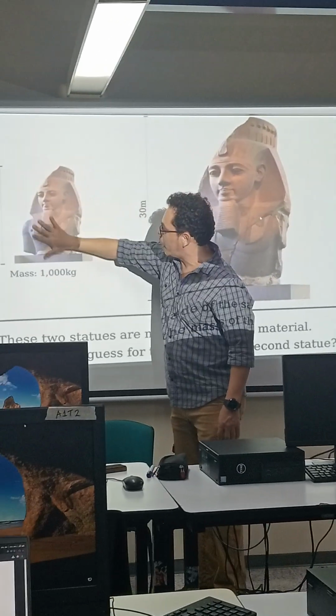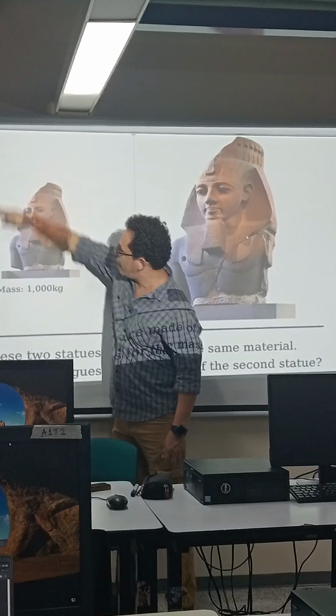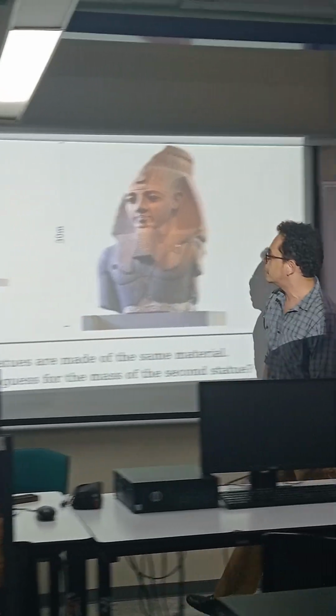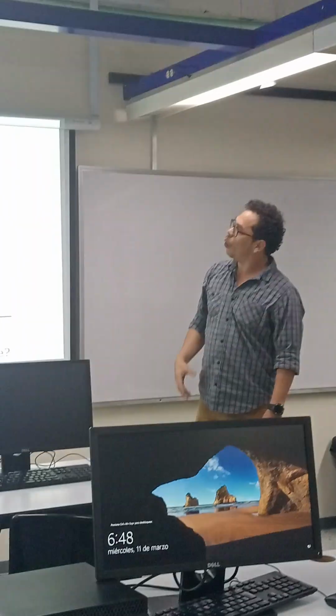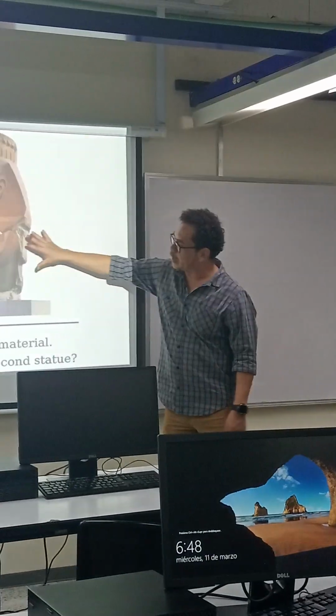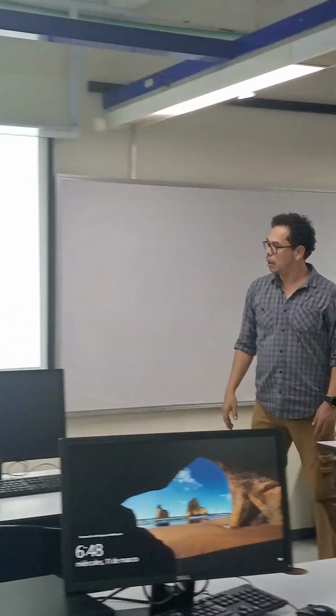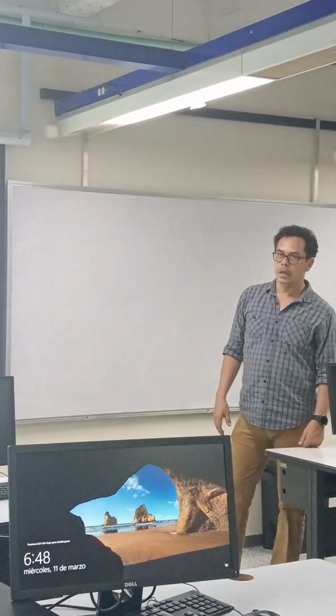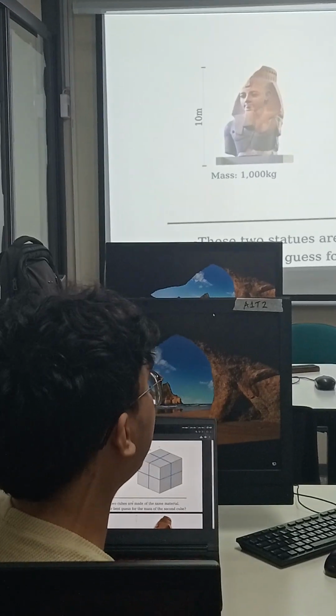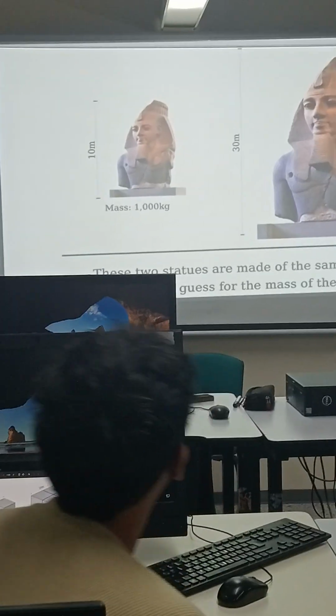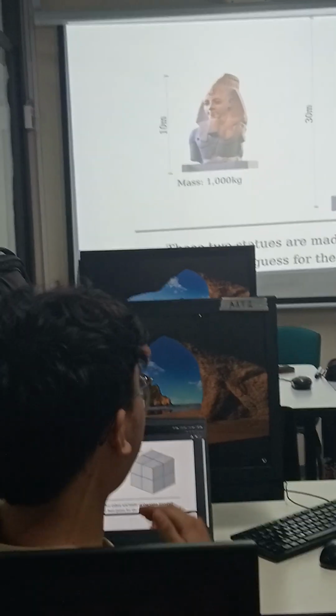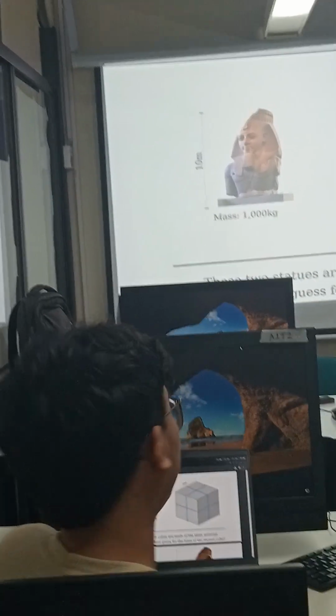In this case, if this one that is 10 meters has a mass of 1,000, then how can we estimate the mass of this statue? 3,000 kilograms. 3,000, because maybe it's three statues, 3 times the smaller statue.